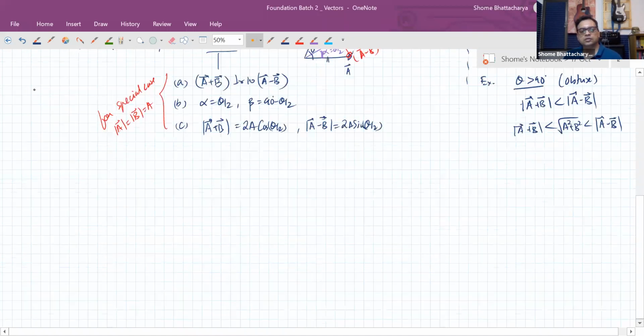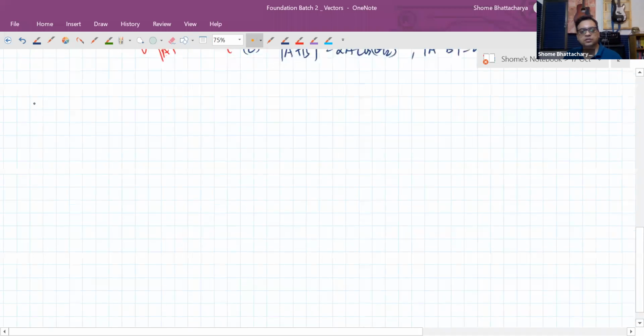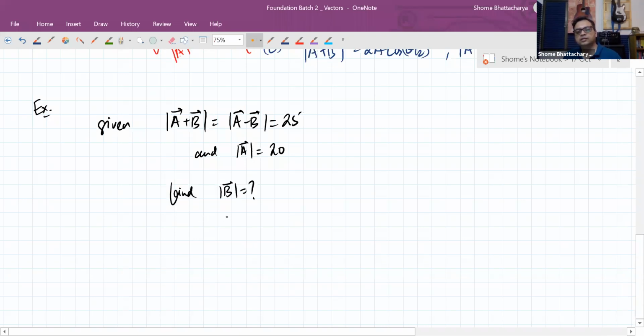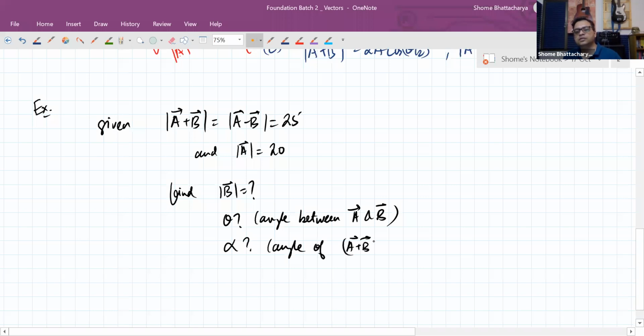Now moving on, let's look at some example questions based on this today. Given that magnitude of a plus b is equal to magnitude of a minus b is equal to 25, and magnitude of a is 20, find magnitude of b and theta, that is the angle between a and b, alpha, the angle of the vector a plus b with respect to vector a, and beta, the angle of a minus b with respect to the vector a.